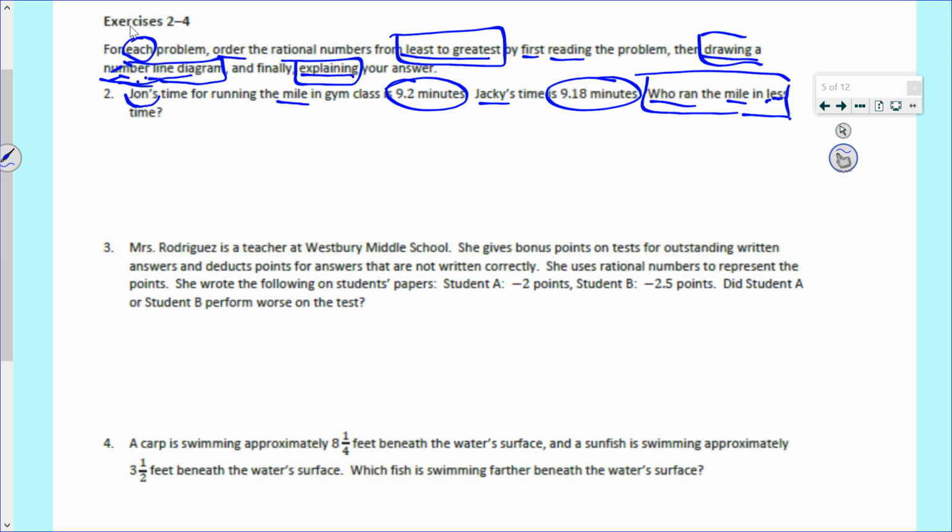In other words, which one is smaller, because I want less time, 9.2 or 9.18? What do you think, Michael? Some might see 9.2, but 9.18 will be smaller by 2/100. Why is that?